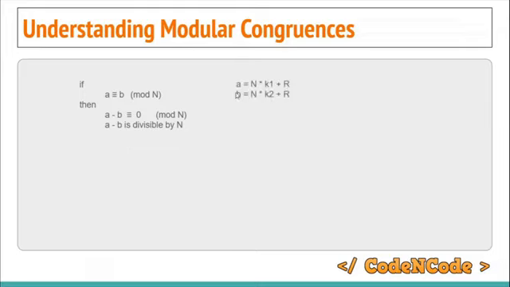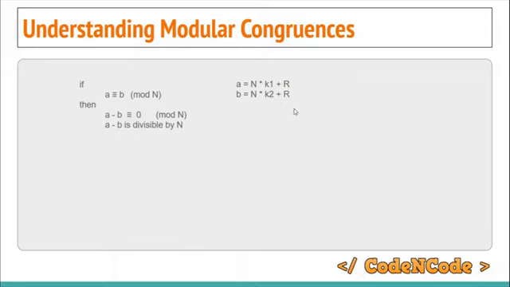Now see, I've written a as n times k1 plus r and b as n times k2 plus r. If you are following this series, in the previous lecture we studied the Euclidean algorithm. While studying it, we talked about Euclid's division lemma, and this is just that lemma.